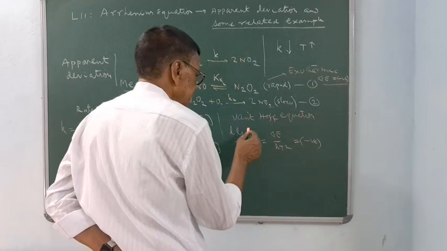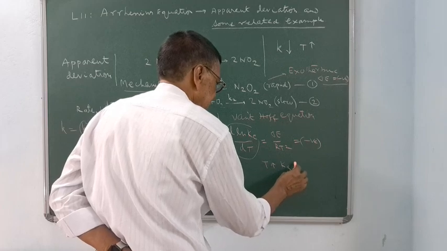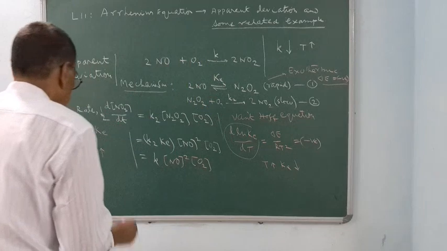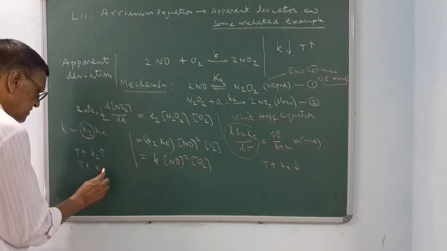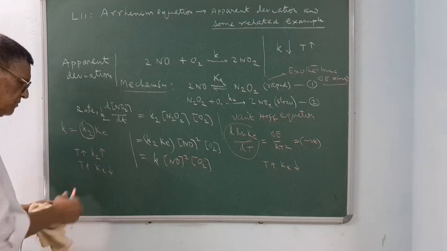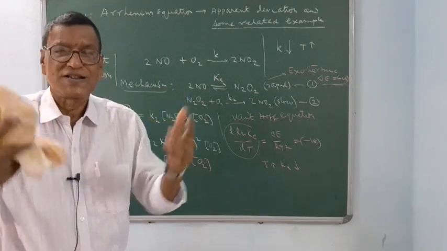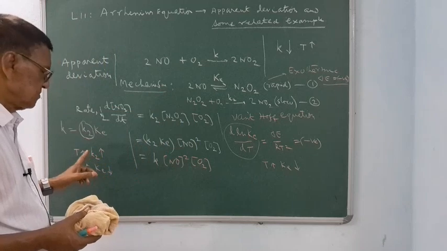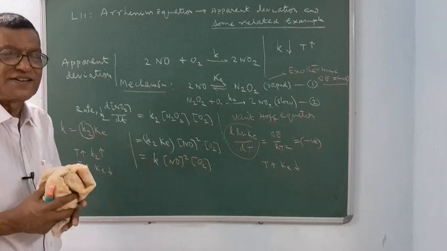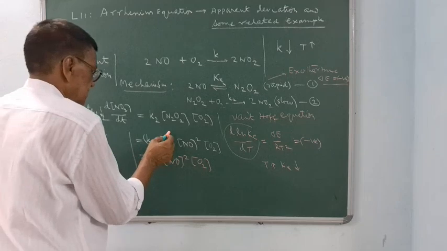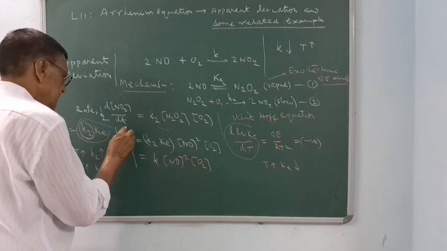This means with the rise of T, Ke decreases, and the decrease of the equilibrium constant is so large that it overcomes the increase of the rate constant k2 with the increase of temperature. So as a net result, the overall rate constant k decreases with rise in temperature.